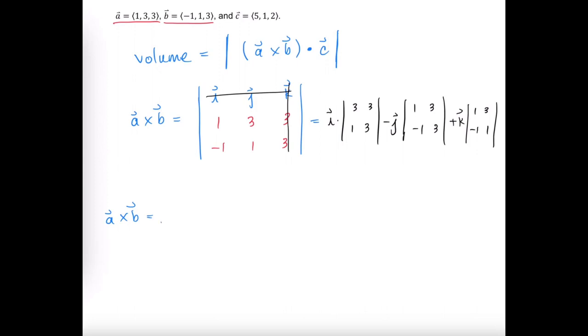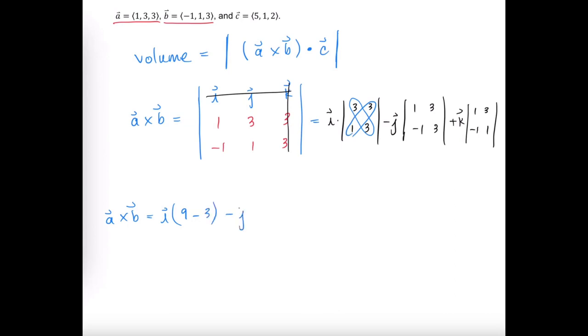So now we have the I vector multiplied by the determinant of the 2 by 2 matrix, which is the product of these two terms. We've got 3 times 3, which is 9, minus the product of the elements on the other diagonal, which is 3.